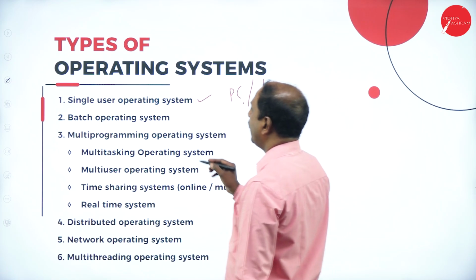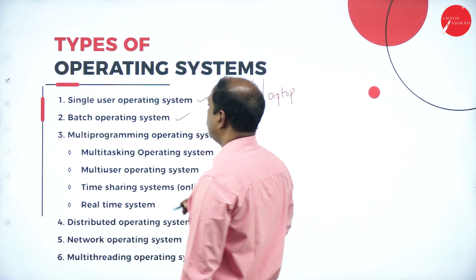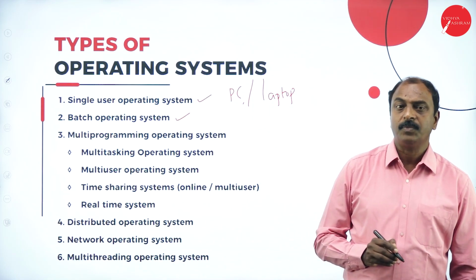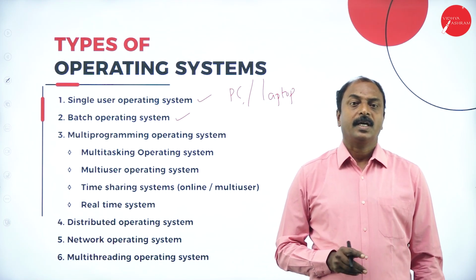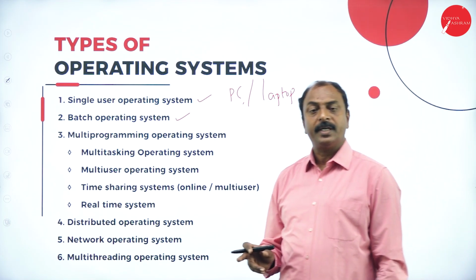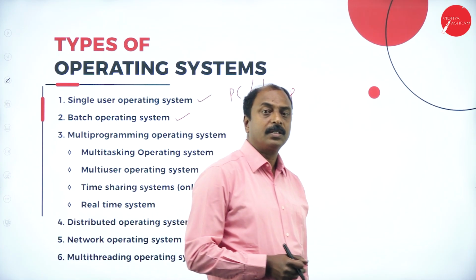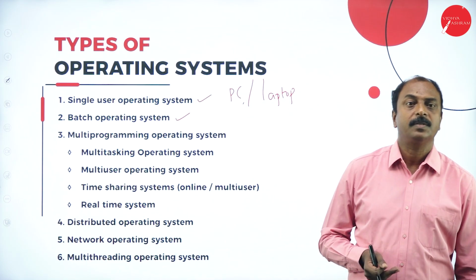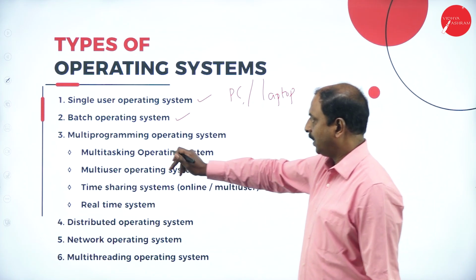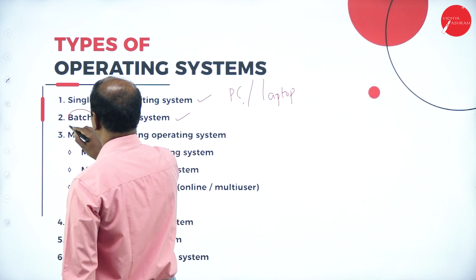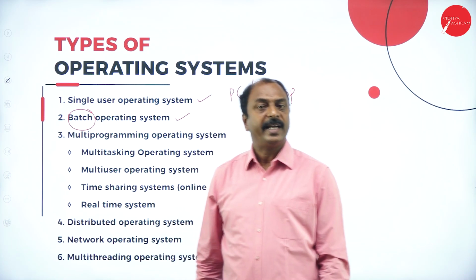Next one is the batch operating system. Here it is a type of operating system where all the commands in a batch are executed continuously until it completes all the instructions of that particular batch. The meaning here is, if we create a file, it's called a batch file.